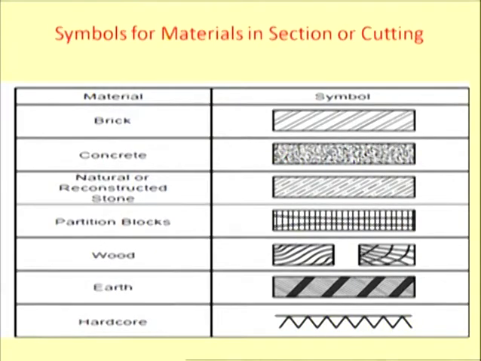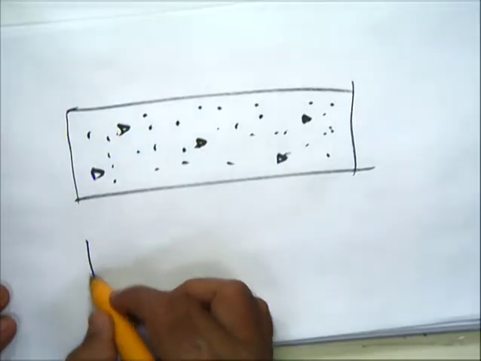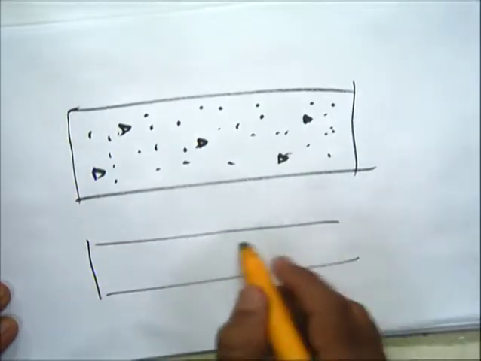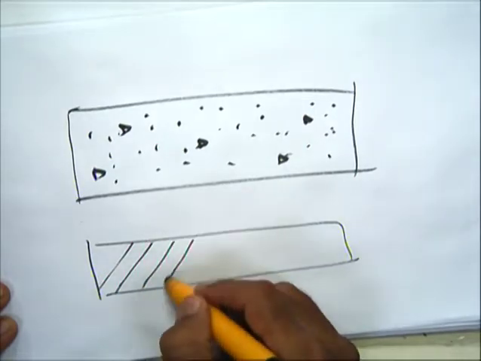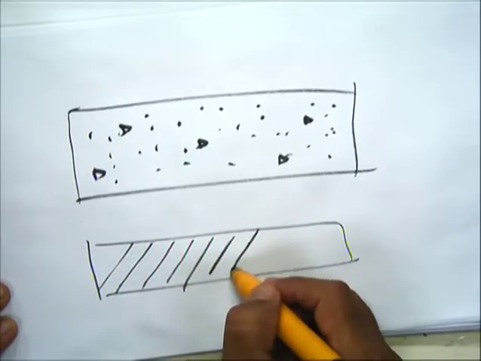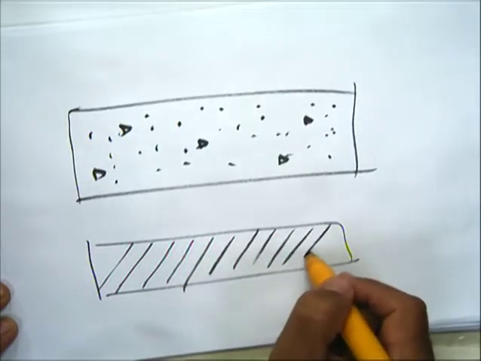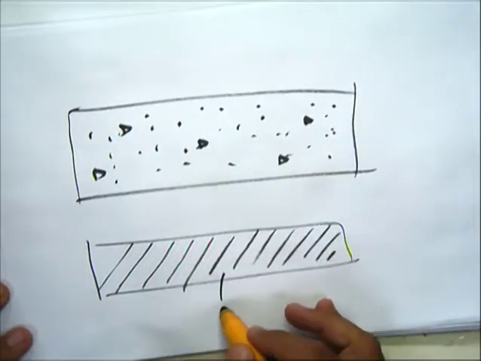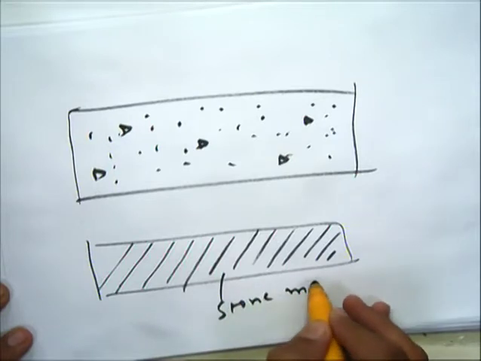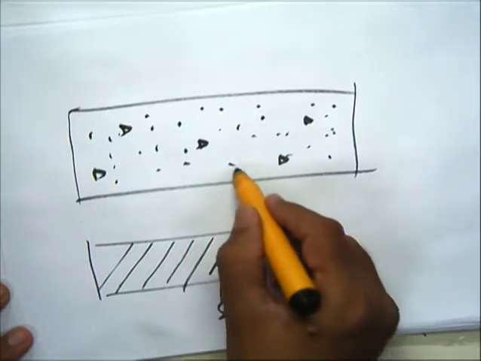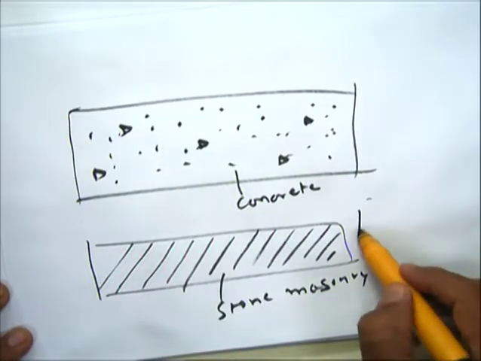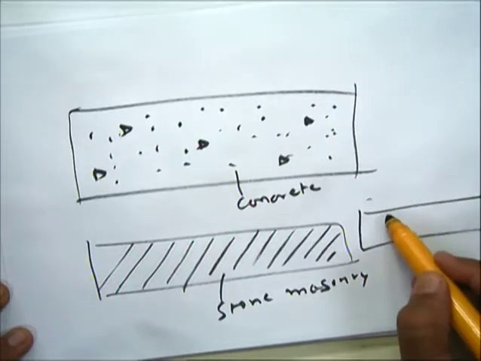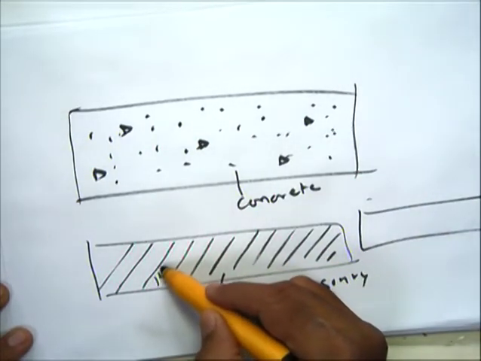Then reconstructed stone. Then stone masonry, here the stone masonry symbol is not there. So if you want to show the stone masonry, 45-degree inclined lines are to be drawn. So this is called the stone masonry. In brick, this is a stone masonry. This I have drawn for the concreting. For brick masonry, the hatching is at a 45-degree angle.